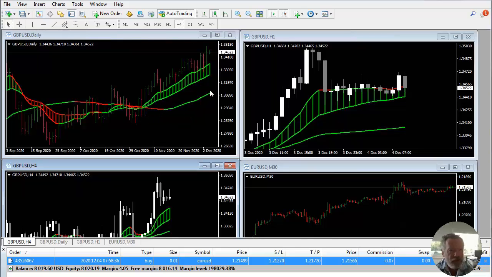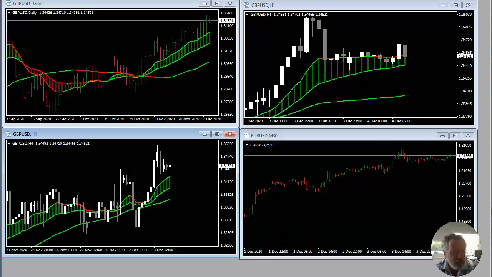So we can see the trend is upwards. On the 4-hour, we've got no signals here, and there's a long signal here on the 1-hour. So this bar here, so if we entered above here, there's a possibility of a trade.